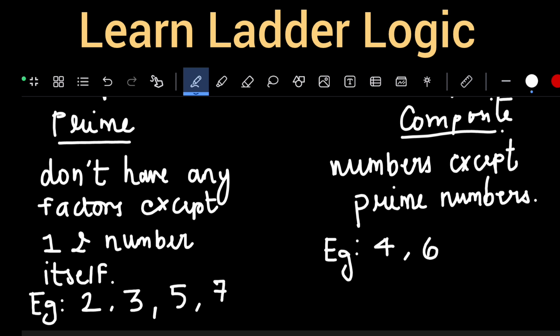Now I would just ignore all the even numbers because all the even numbers are composite numbers except the number 2.